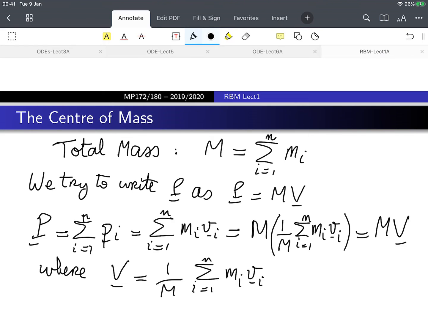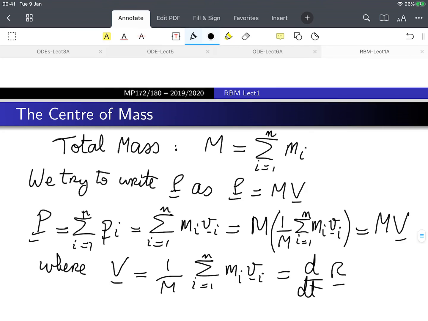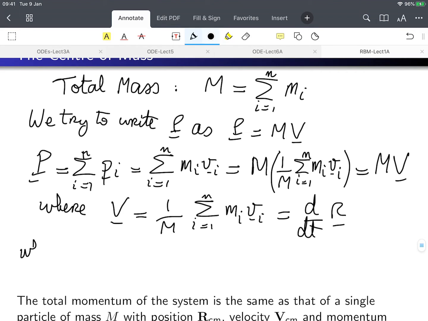Where is that particle? Well, we can find its position from the velocity, right? Because the velocity is the derivative of the position. So we can find the position R. It's just going to be this here, 1 over m times the sum of m_i r_i. That's it.